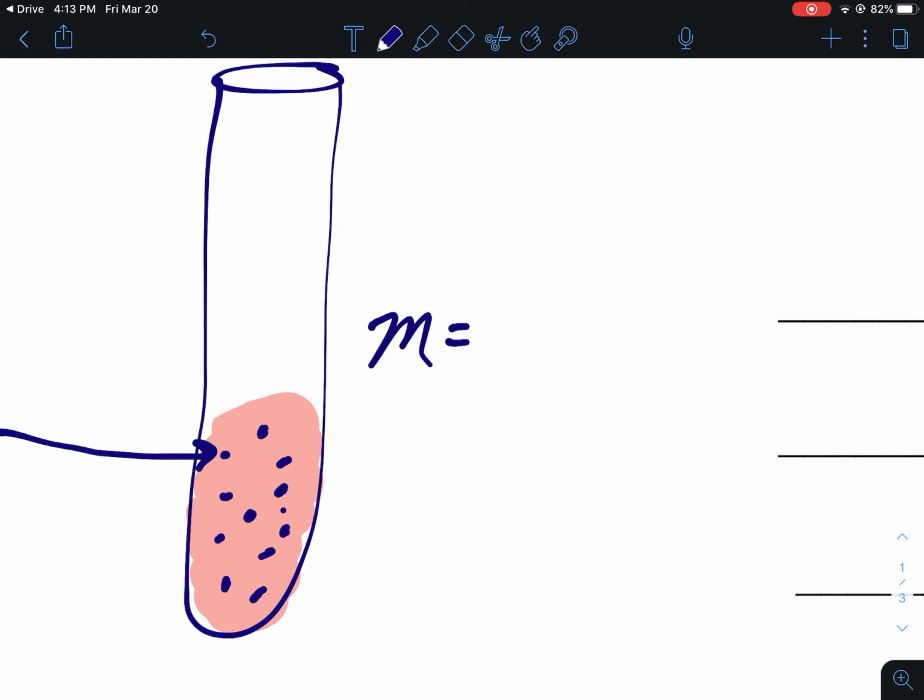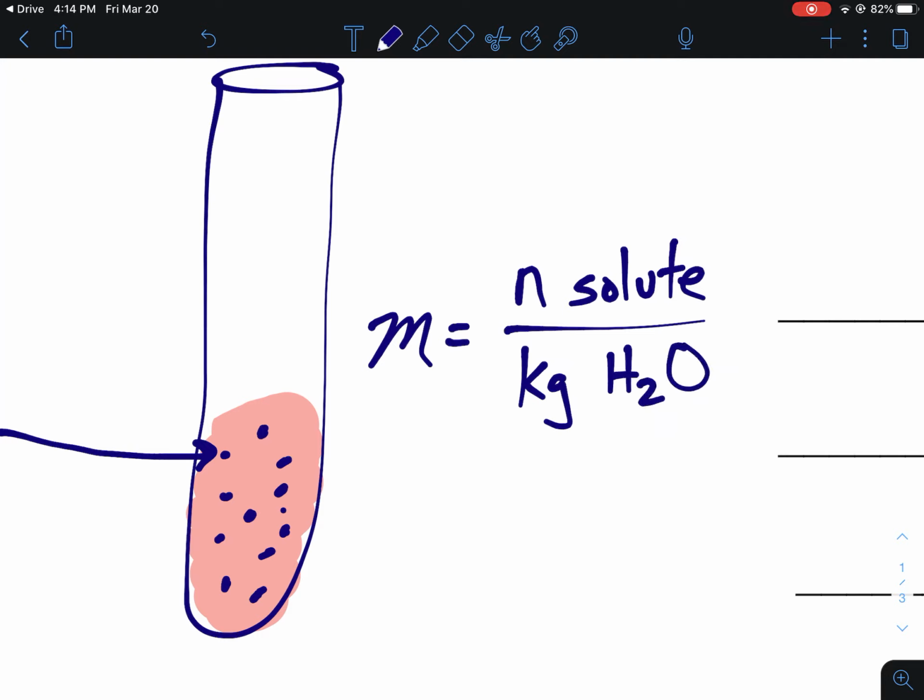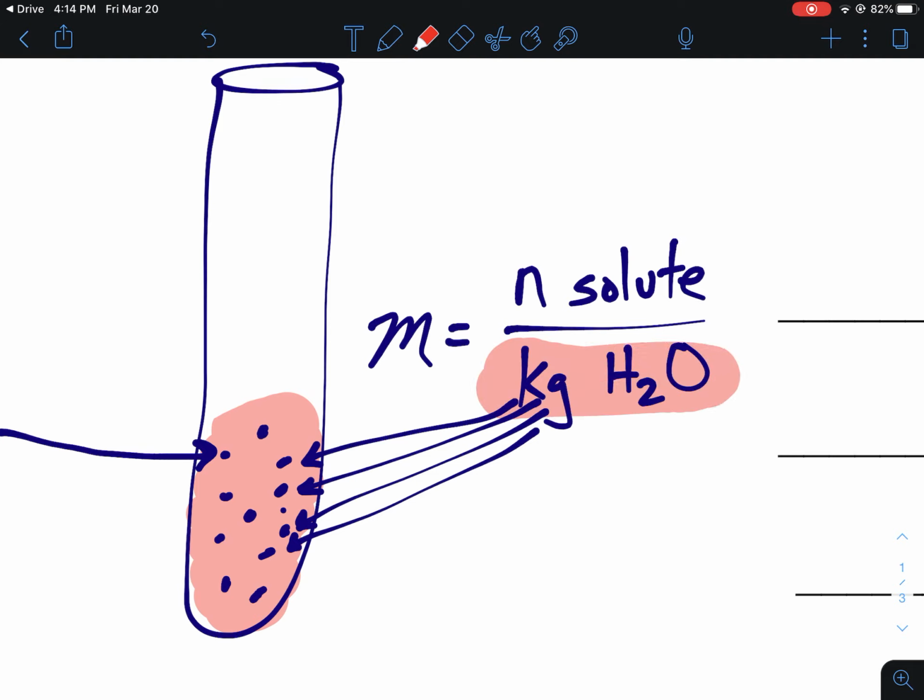So think about the equation for molality. It's moles of solute over kilograms of solvent, which in this case, let's call it water. Well, as water starts to crystallize out, what does that do to the value of water that's still liquid solvent? Think about that for a second.